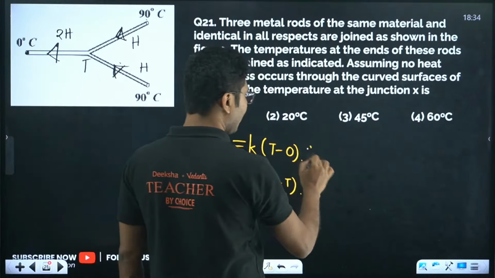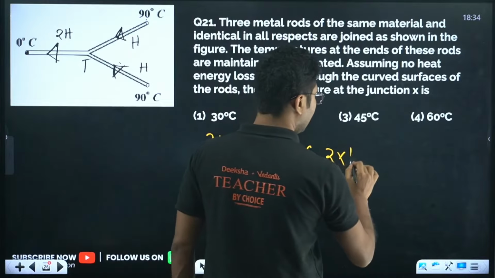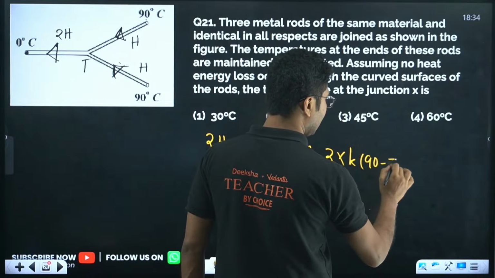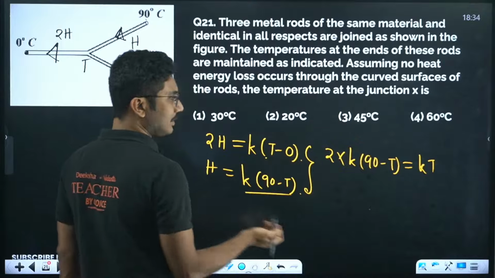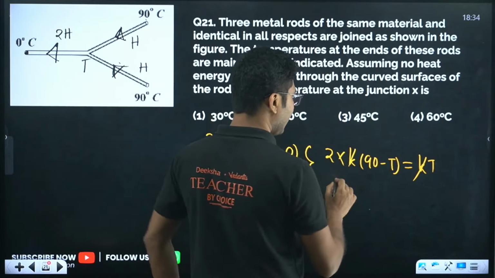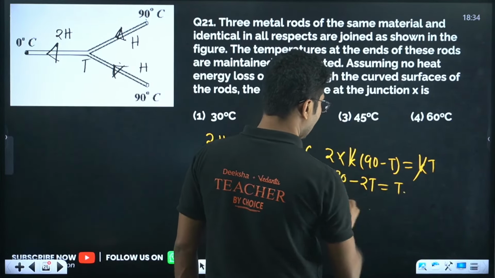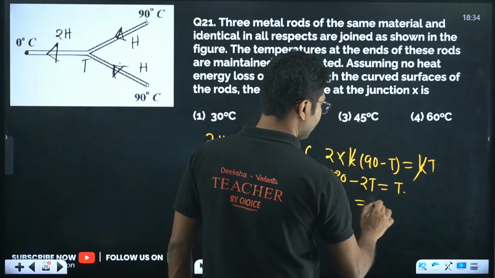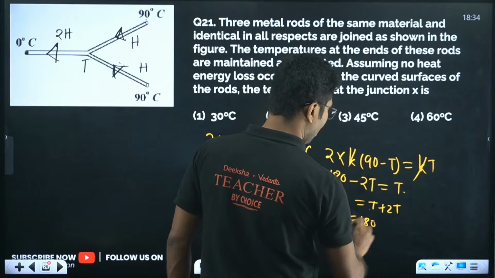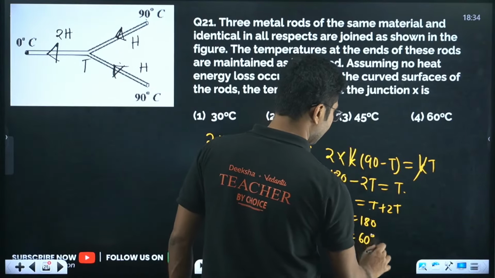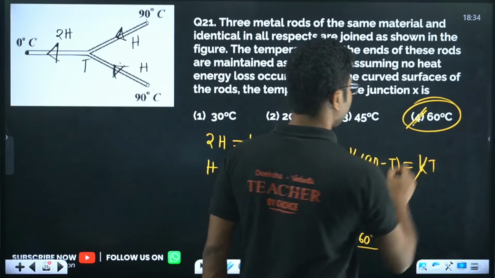So combining these two, we can write 2 into K into (90 minus T) equals K into T. T minus 0 is T, so K cancels, and you get 180 minus 2T equals T, or 180 equals T plus 2T, that is 3T equals 180, or T equals 60 degrees. So the correct answer is option 4, 60 degrees.